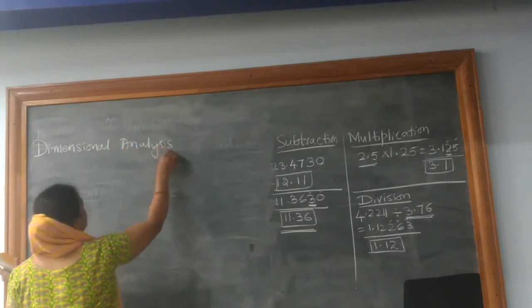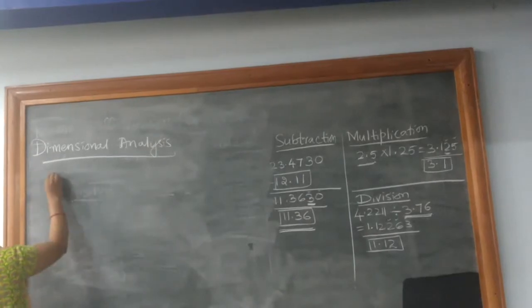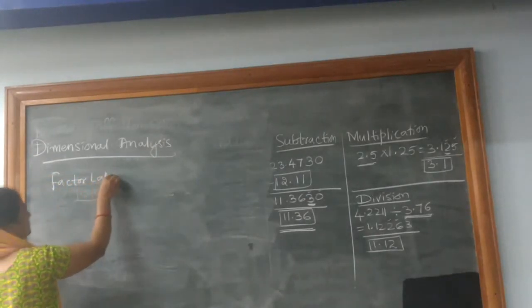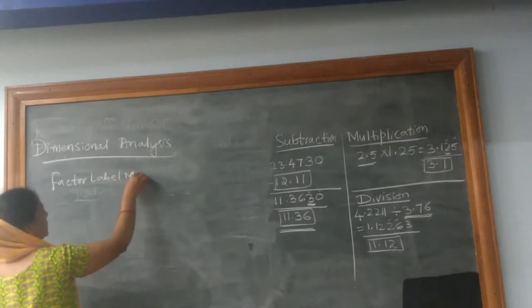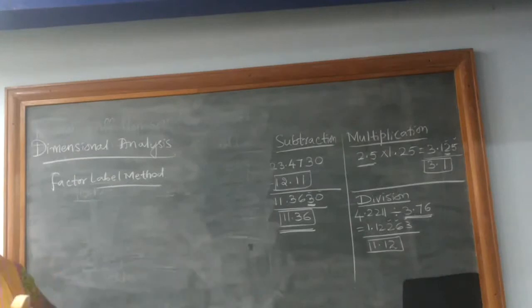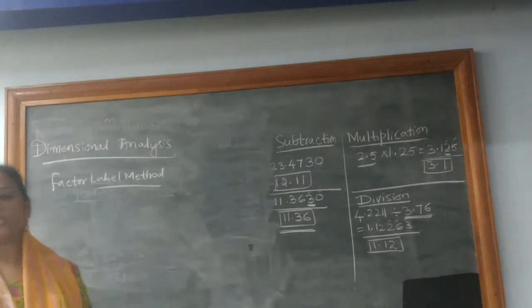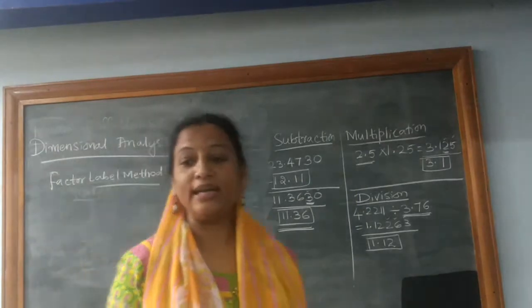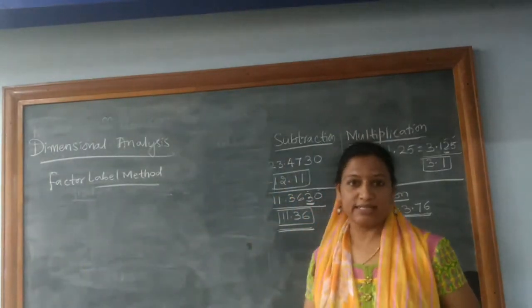Now this dimensional analysis is also called as factor label method, or it is also called as unit factor method. In case of dimensional analysis, one set of units are converted into another set.